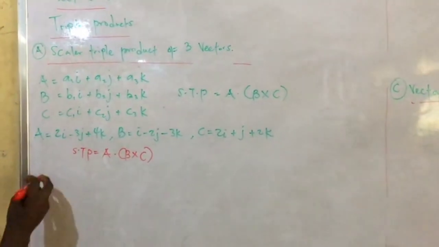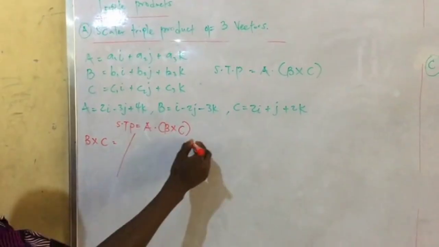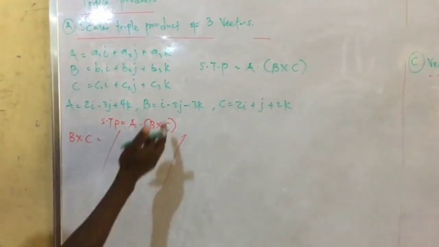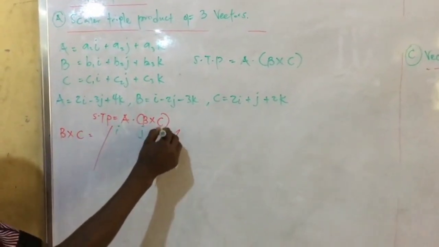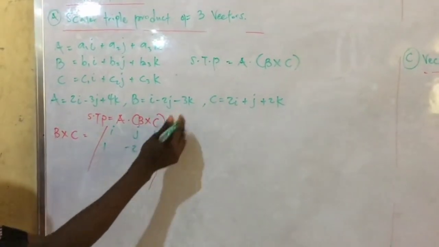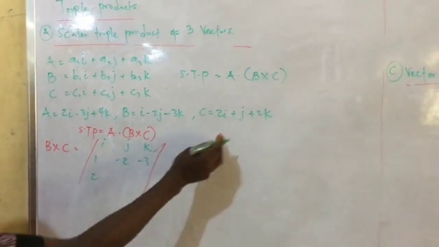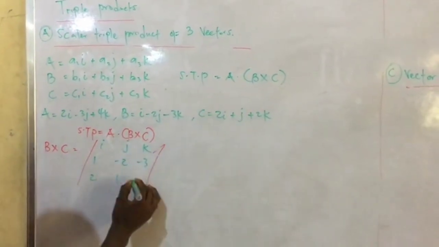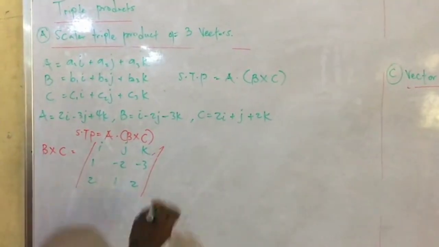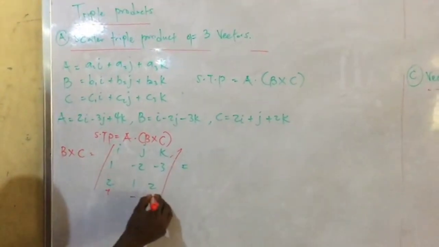For B cross C, we have the determinant. Let's first put our I, J, and K. Then our B is 1, minus 2, minus 3, and here we have C as 2, 1, 2. Now let's simplify further. Put our plus, minus, plus.